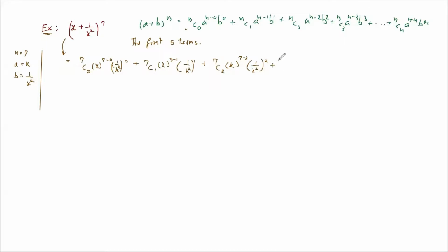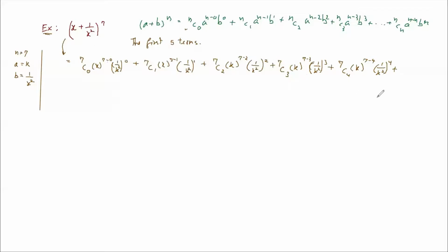Next, 7C3, then x is 7 minus 3, and then this is 1 over x squared power 3, plus 7C4 x power 7 minus 4, then 1 over x squared power 4, plus, now because I need 5 terms, see we have 5 already: 1, 2, 3, 4, 5.